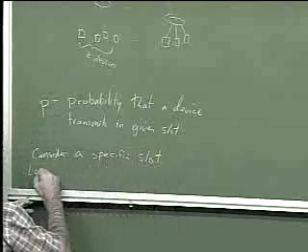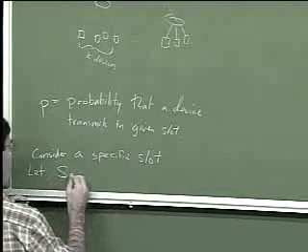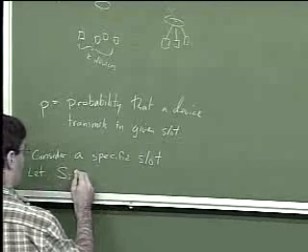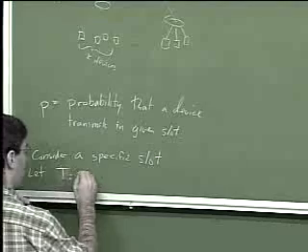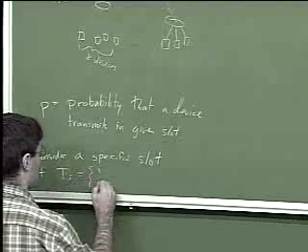Let T sub I be an indicator random variable which equals 1 or 0.